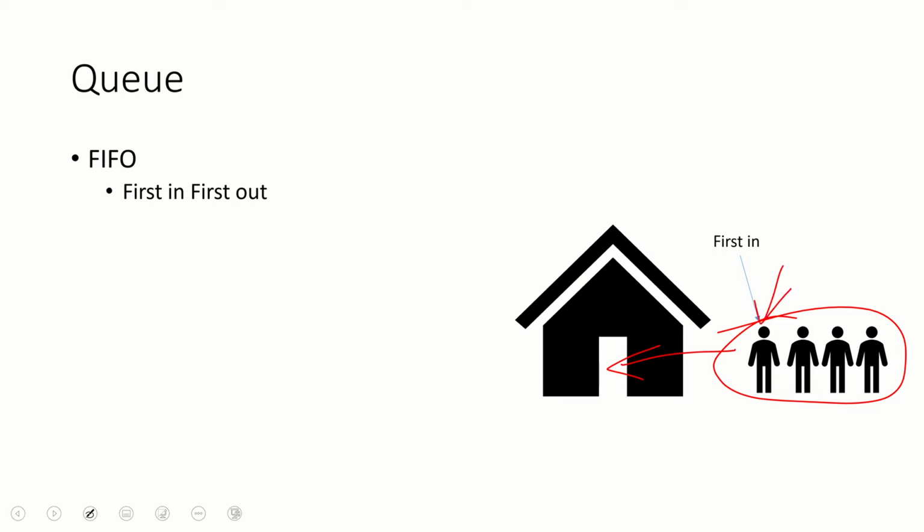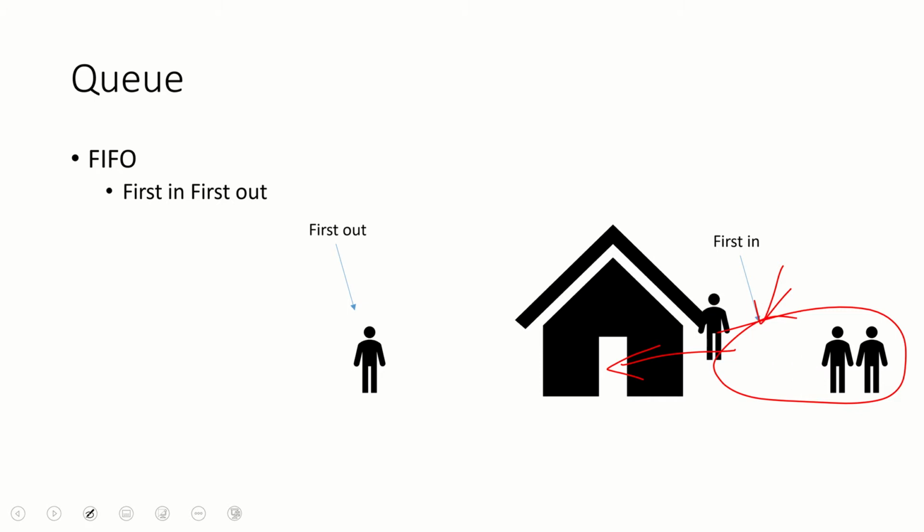So this guy will get into the house and will also be the first to get out. It's very similar to the waiting line procedure in our daily lives, right? The first one getting in will be the first one to come out.